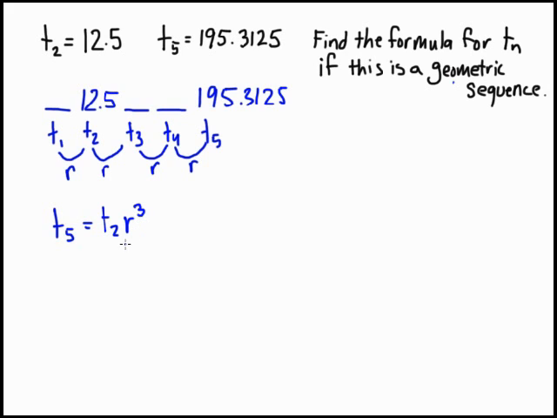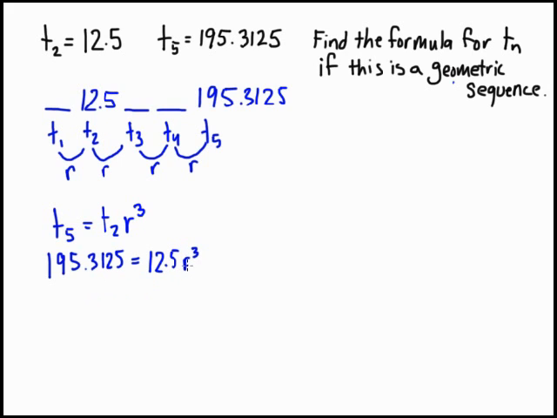We don't know what r is, but we do know those other numbers, so we can put them in: 195.3125 equals term 2, which is 12.5, times r cubed.